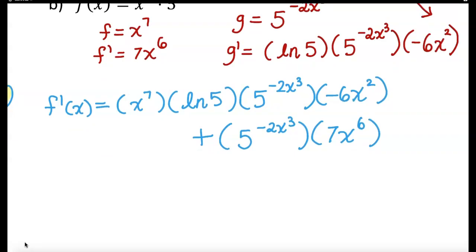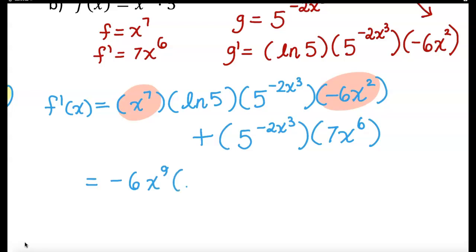In the first term, I can multiply x to the 7th power by that term right there. Those two are polynomials, so I can say negative 6 times x to the 9th power. All right, 7 plus 2 gives me 9.